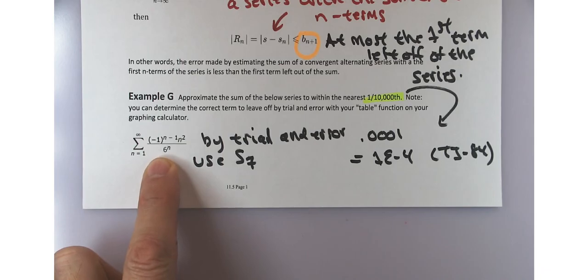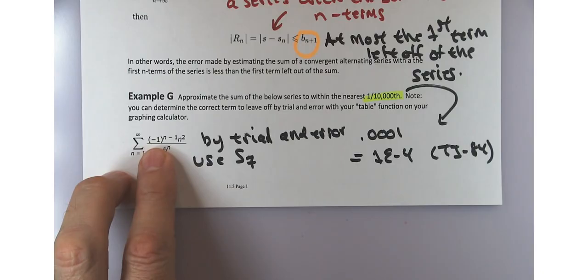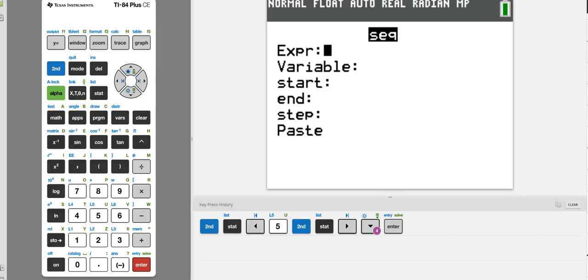Negative 1 to the n minus 1 times n squared over 6 to the n. Now, you can type that in with n's if you want. I'm going to type it in with x's. You got to be careful about the parentheses that you're going to use here. So I'm going to do this. No, it's not letting me do that. It's not letting me get any fancy fraction work here.